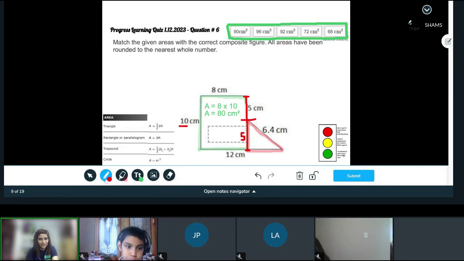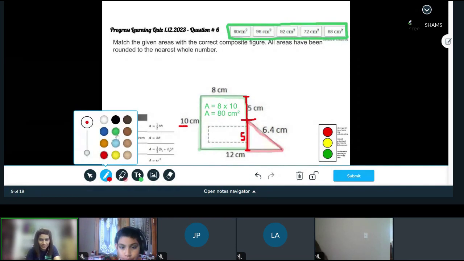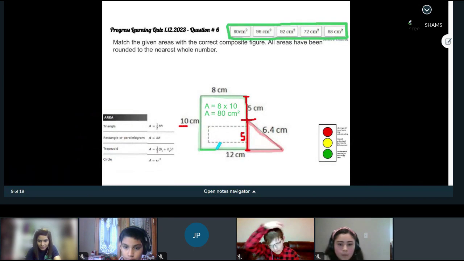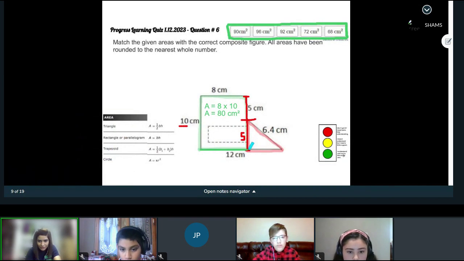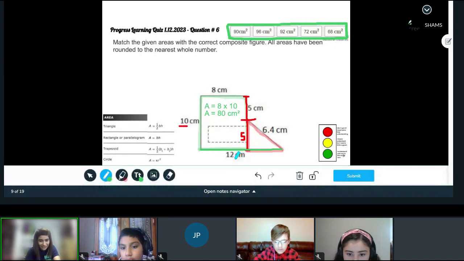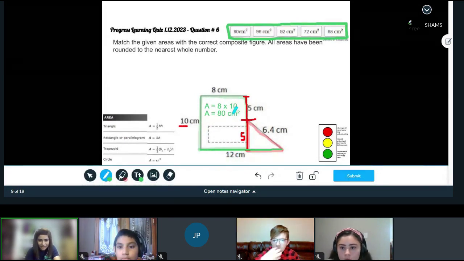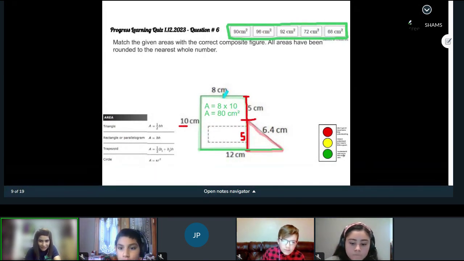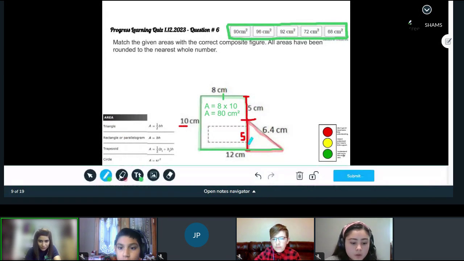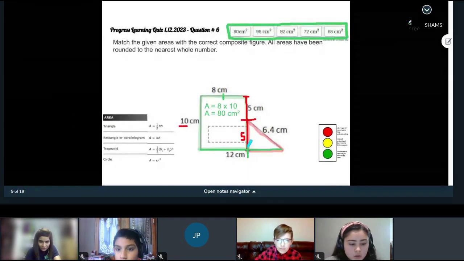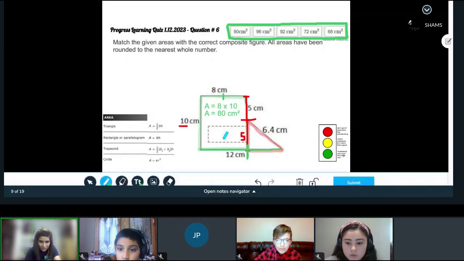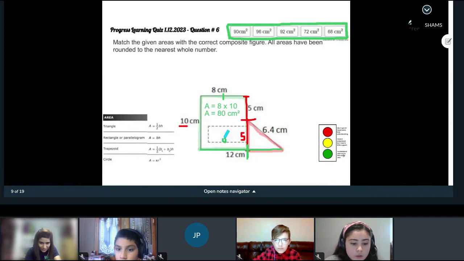Then the base of the triangle, we still have to figure out. This entire bottom line is 12. The entire thing is 12. If you look at the top, it says 8 centimeters. That means if you split this line, this part is supposed to be 8.